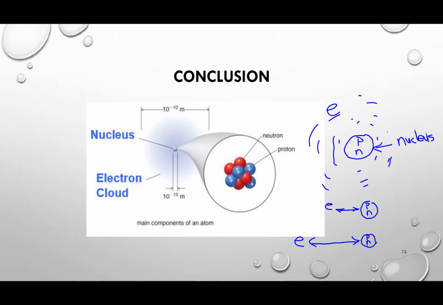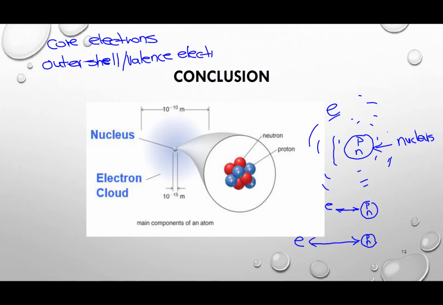And when we talk about electrons, we talk about core electrons, and we talk about outer shell, or they are also called valence electrons.